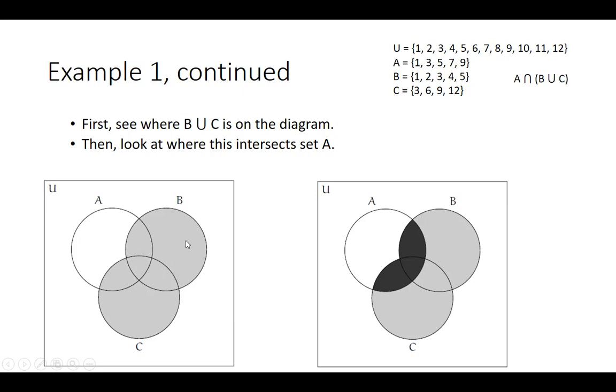We want this and the intersection of A. In other words, where do A and this union of B and C overlap? And the overlap would be in this darker area on the right.